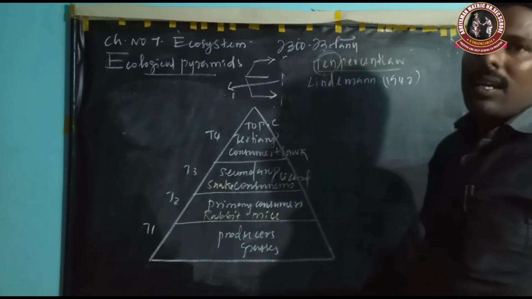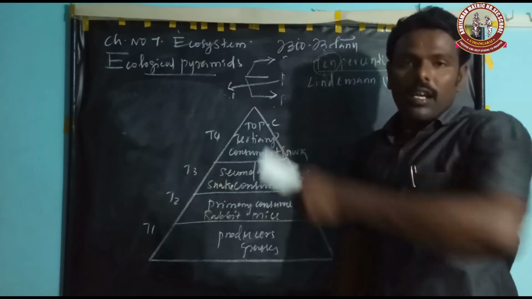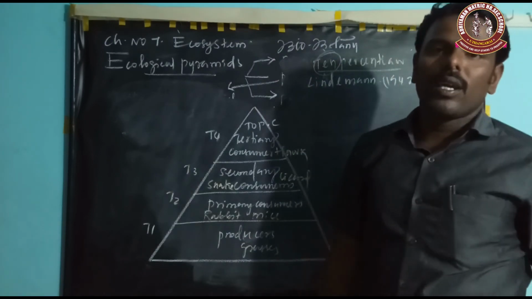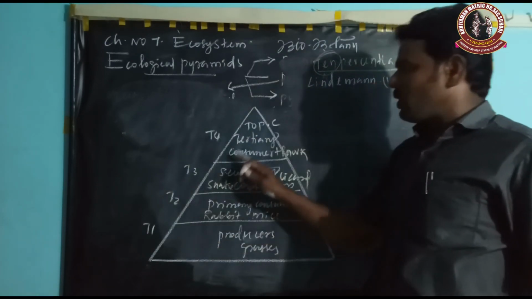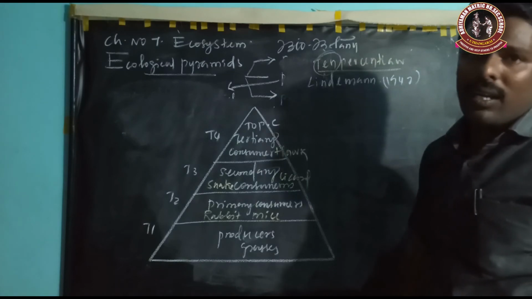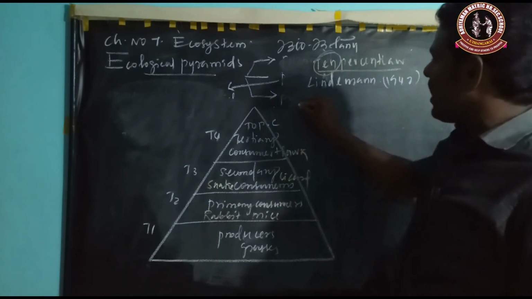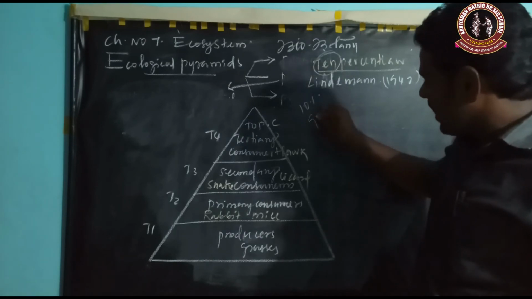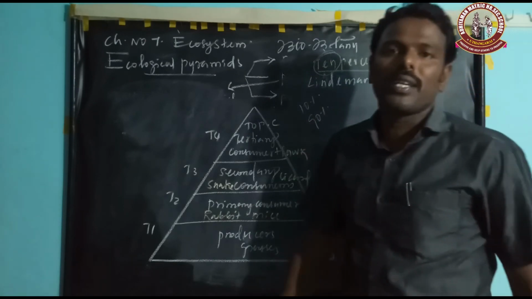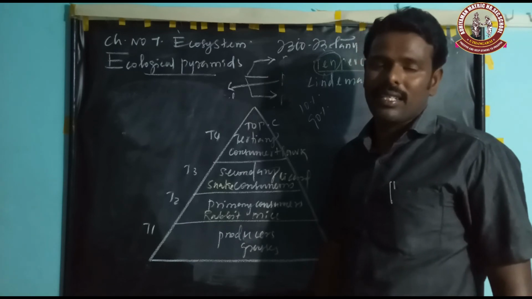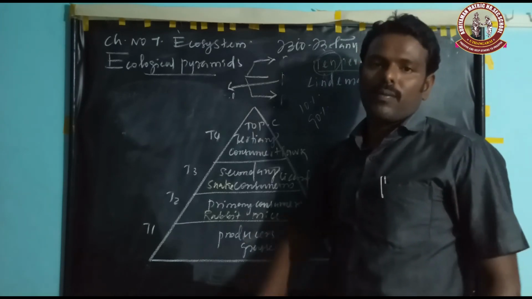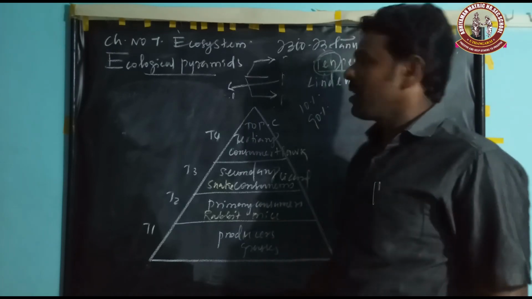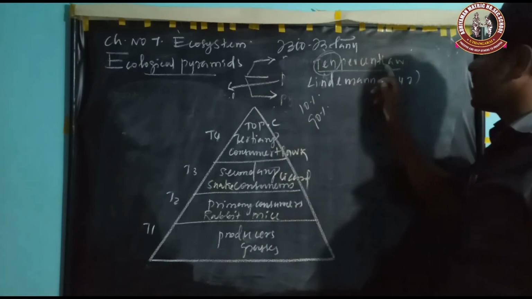The transfer of food energy from one trophic level to another trophic level, only 10% is stored. So the remaining 90% of energy is lost as heat to the environment. That is called the 10% law.